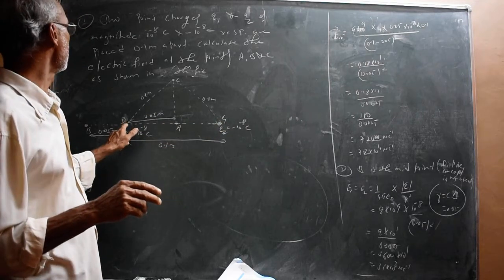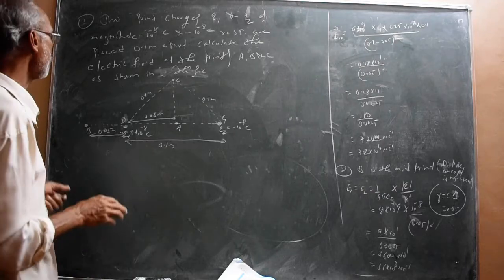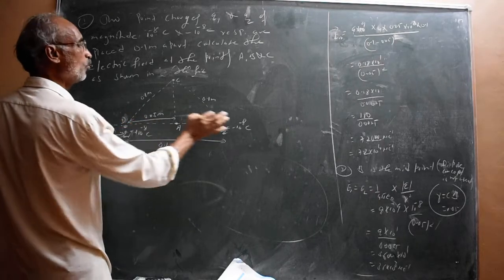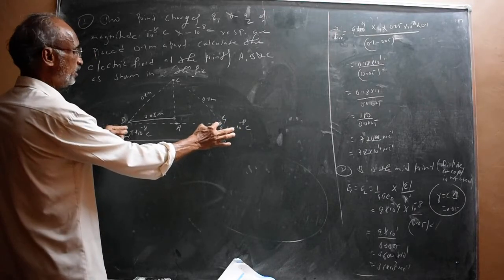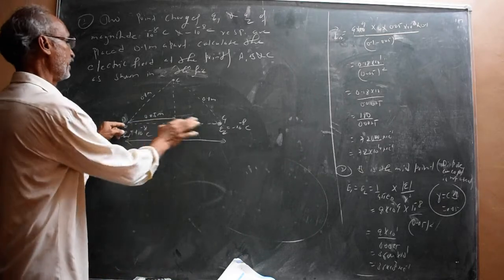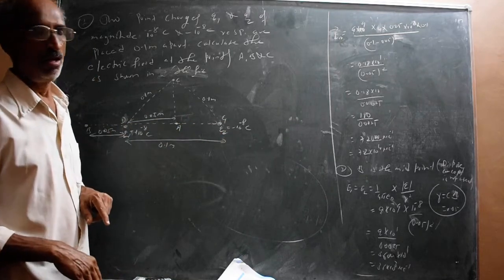The derivation is not applicable for points on the axial line which are within Q1, Q2. For such an internal point on the axial line, that formula is not applicable.